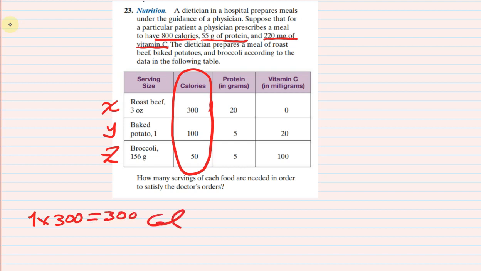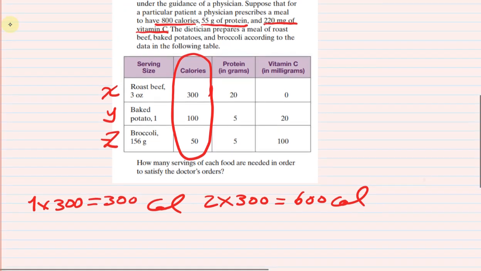If the patient takes 2 servings of roast beef, that gives him or her 600 calories. For 3 servings, 3 times 300, 900 calories, which exceeds.